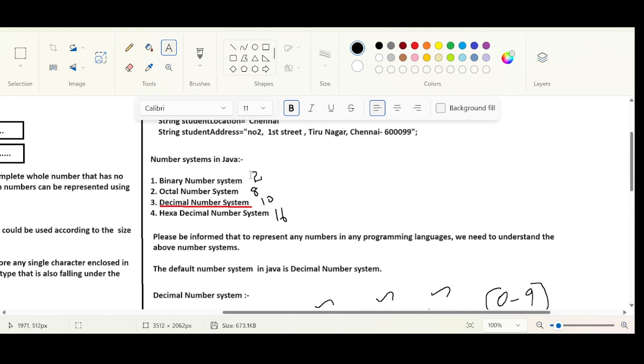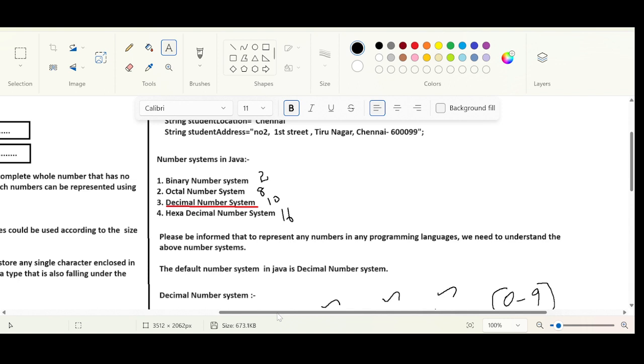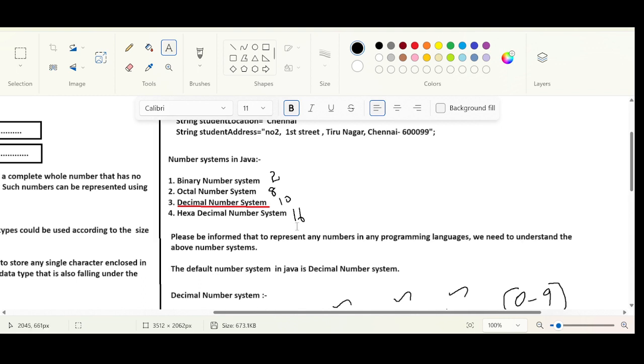You might have come across this binary number system in your school days, but I am assuming that you are very new to it. I will give you some inputs on the binary number system and how computers recognize data in the form of binary, so that it will be easy for us to understand the data types.